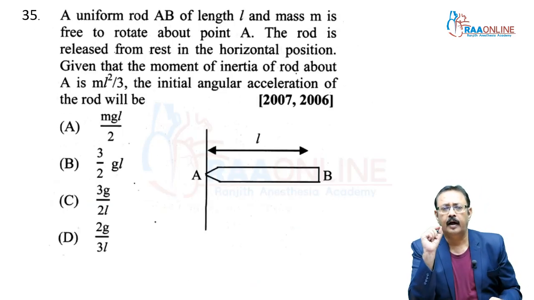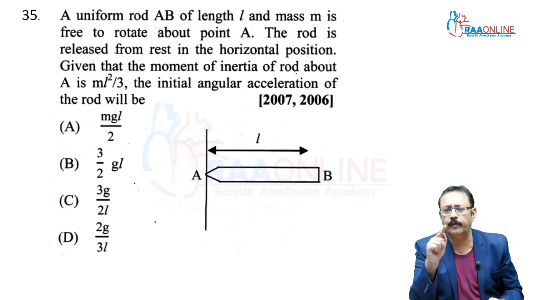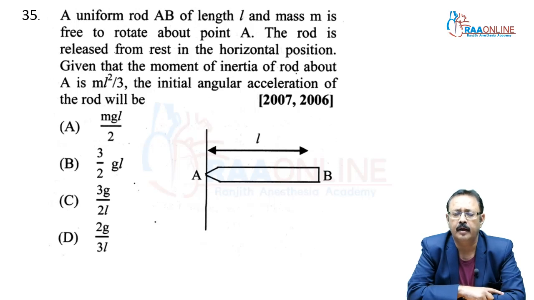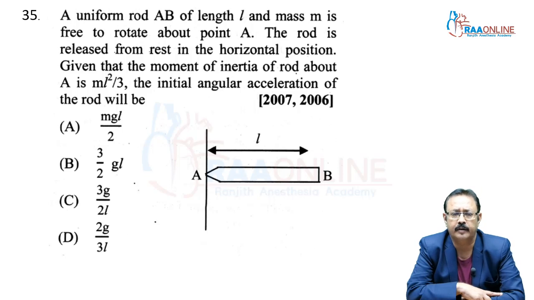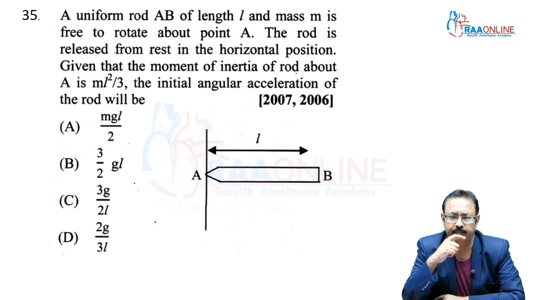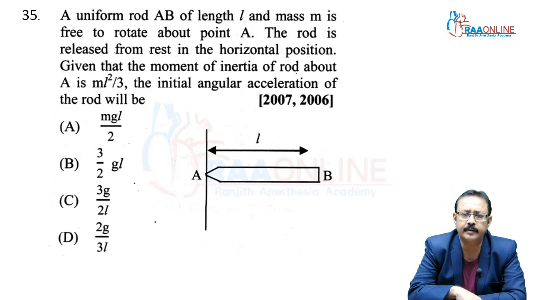35th. A uniform rod AB of length L and mass M is free to rotate about a point A. The rod is released from rest in the horizontal position. Given that the moment of inertia of the rod about A is ML square by 3, the initial angular acceleration of the rod will be, we can calculate.